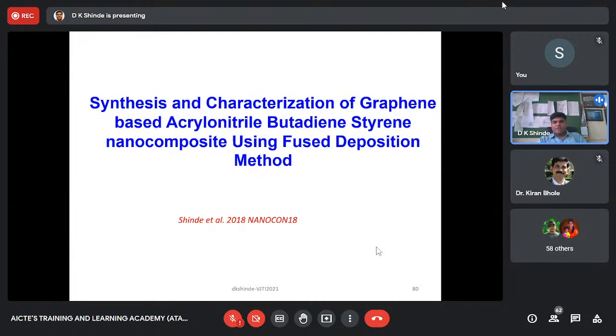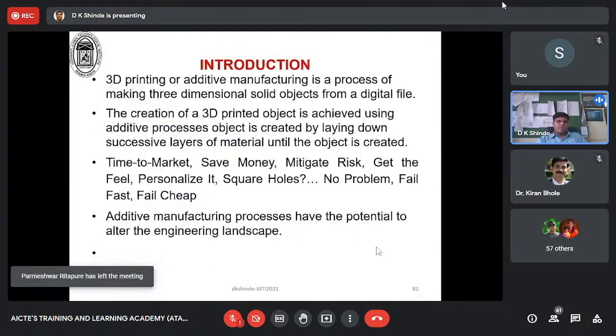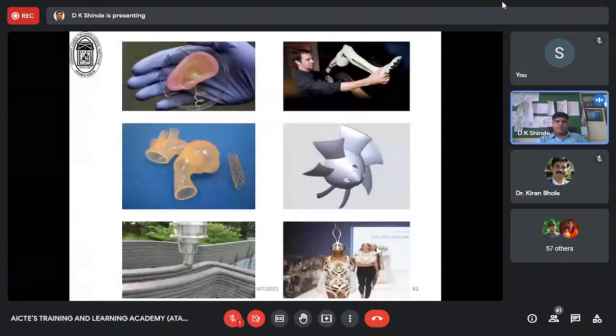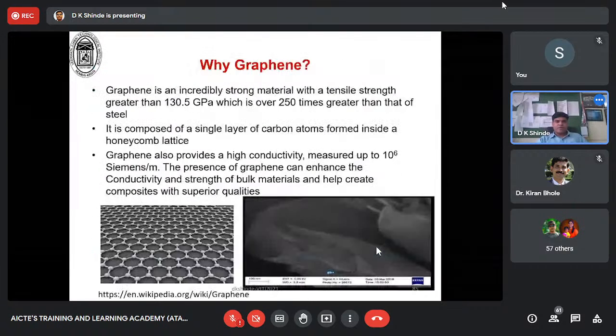Similarly for graphene, we followed the same methods, in the manufacturing of those spools, and conducted the similar tests. Graphene is an incredibly strong material with tensile strength greater than 130 gigapascal, which is around 250 times greater than steel.